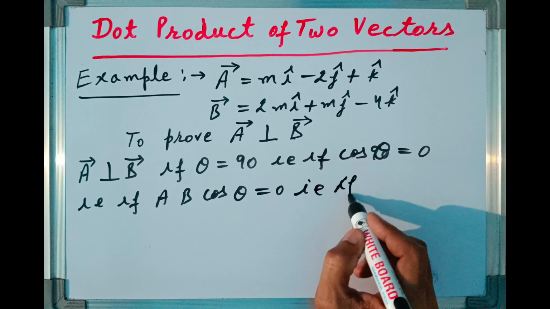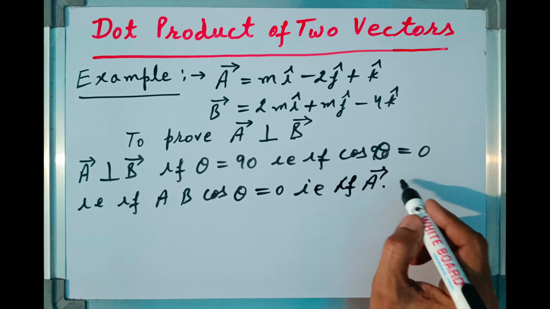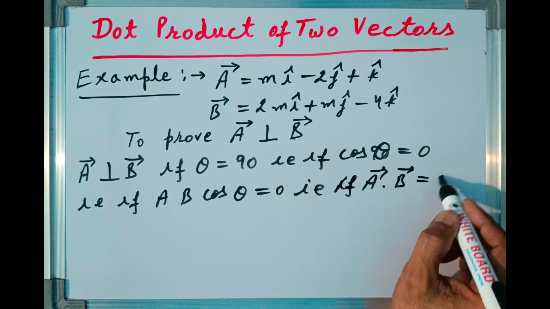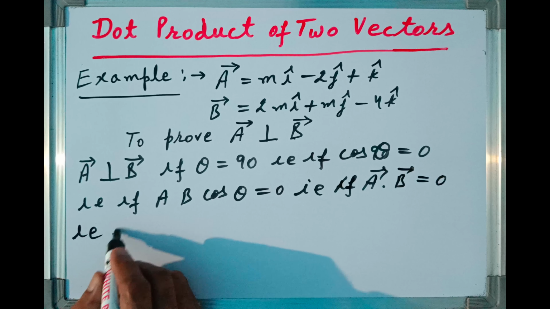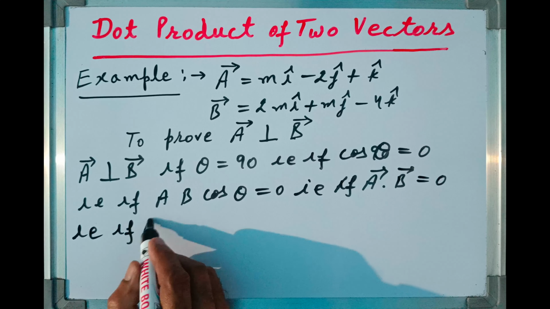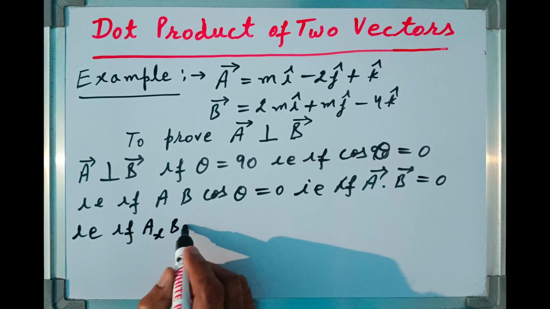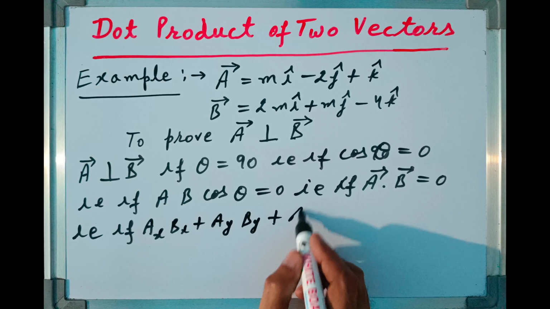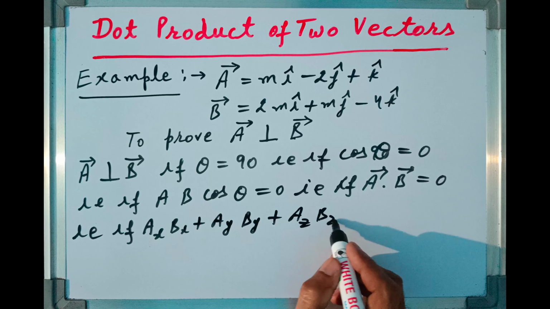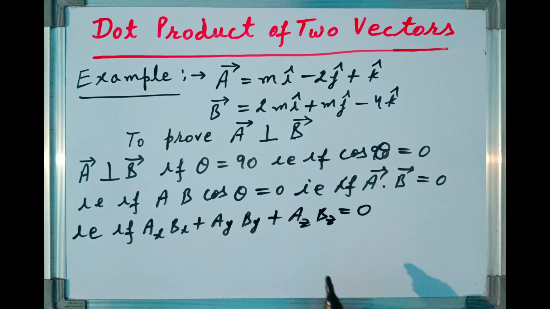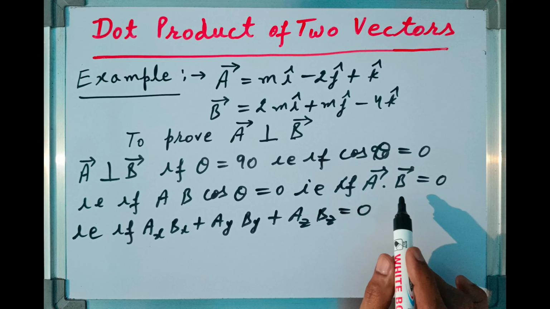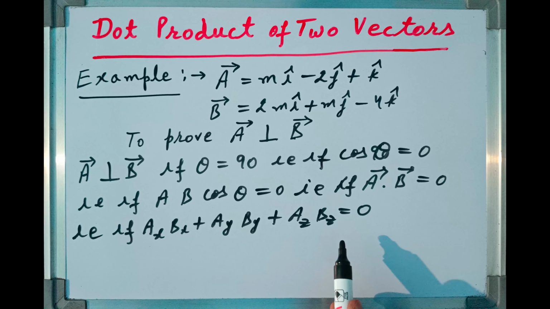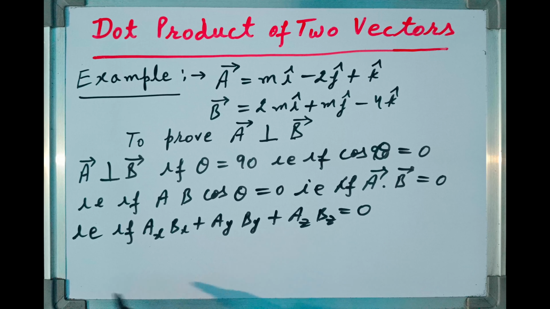That is, if A vector dot B vector is equal to 0, that is, if ax bx plus ay by plus az bz is equal to 0. So this is nothing but the previously derived result for A dot B in terms of components of the given vectors. So using this we can find the value of m.